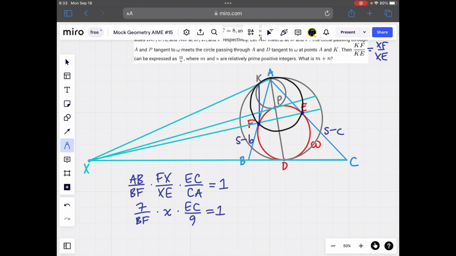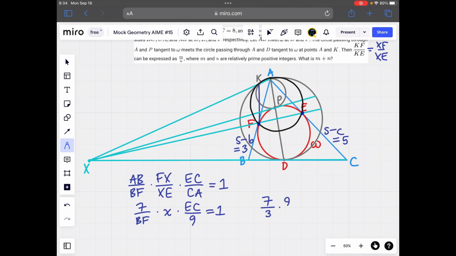So 12 minus B, which is 12 minus AC, is 12 minus 9, and that's 3. S minus C is 12 minus AB, which is 12 minus 7, or 5. So we know that BF is 3 and CE is 5.